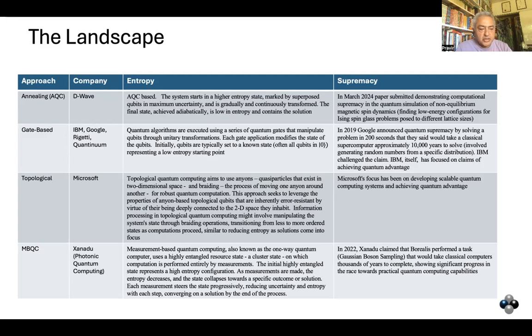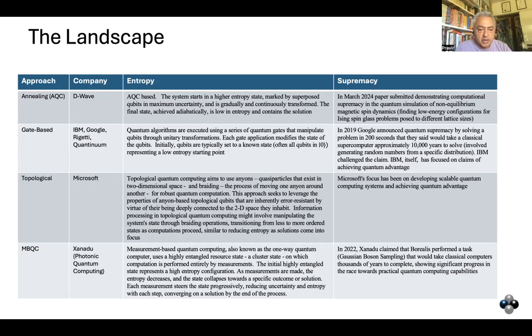Then you've got measurement-based quantum computing, and here you've got Xanadu that uses photonic quantum computing. Measurement-based quantum computation is known as a one-way quantum computer. It starts with a cluster state, which is a highly entangled resource state, and then computation is performed entirely by measurements.